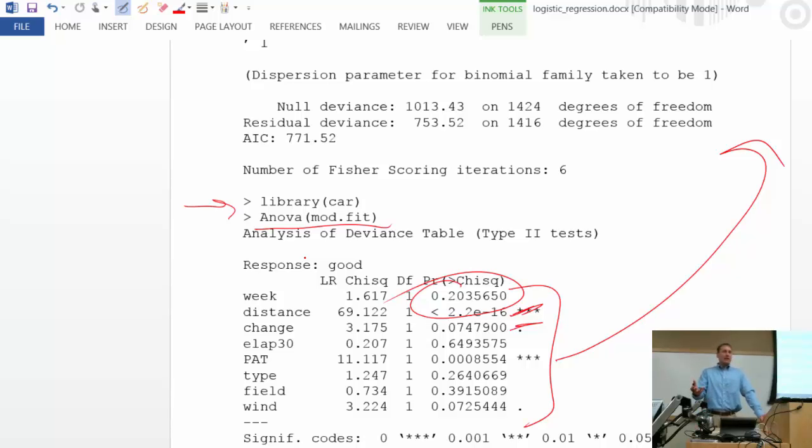What that means is that you can go out and take another sample, and you're not necessarily guaranteed that the beta hat for week will still be negative. It could be positive, because there's really not sufficient evidence to indicate that there truly is an effect. So when you make these interpretations about what happens to the probability of success, you have to take into account the results from that hypothesis test.